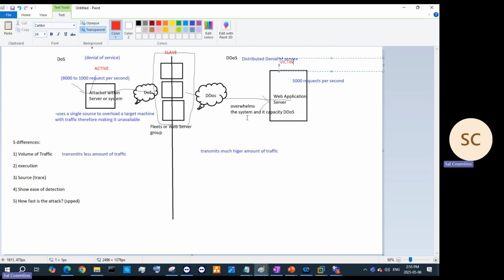When we talk about execution in an environment for DoS, or denial of service, it's often carried out from a single machine. Like I told you before, it's one single machine. So that one system, an attacker had a big, powerful computer, which was bigger than the web application. So that's what execution is.